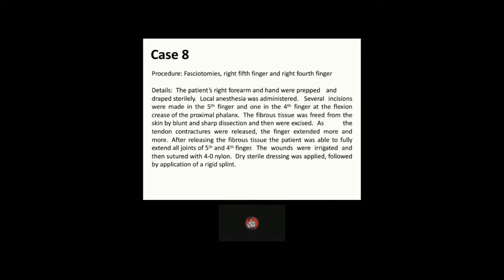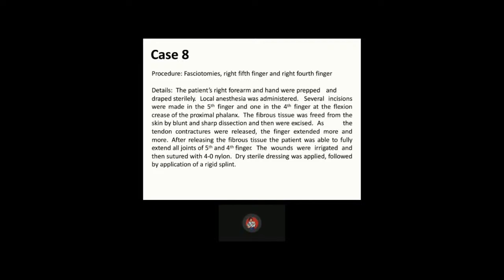Our first patient has fasciotomies of the right fifth finger and the right fourth finger. And as usual, the patient was prepped and draped in a sterile fashion. Anesthesia was administered. Several incisions were made at the fifth finger and one at the fourth finger at the flexion crease of the proximal phalanx. Fibrous tissue was freed from the skin by blunt and sharp dissection and then excised.